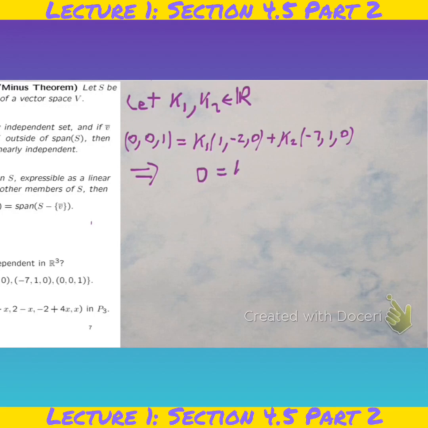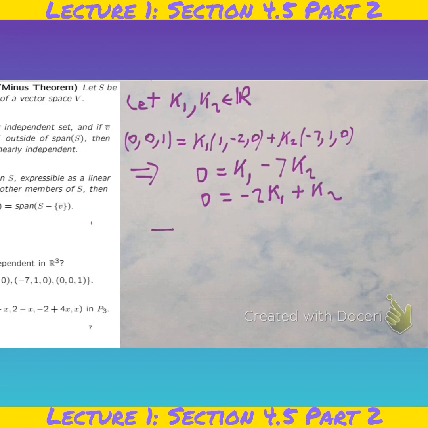Right, so from there it follows that you can set up those equations again. 0 is k1 minus 7k2. Okay, and the other equation is 0 is equal to minus 2k1 plus k2.